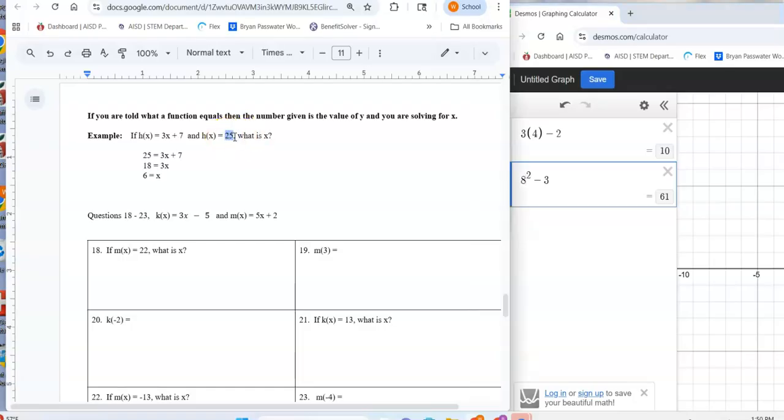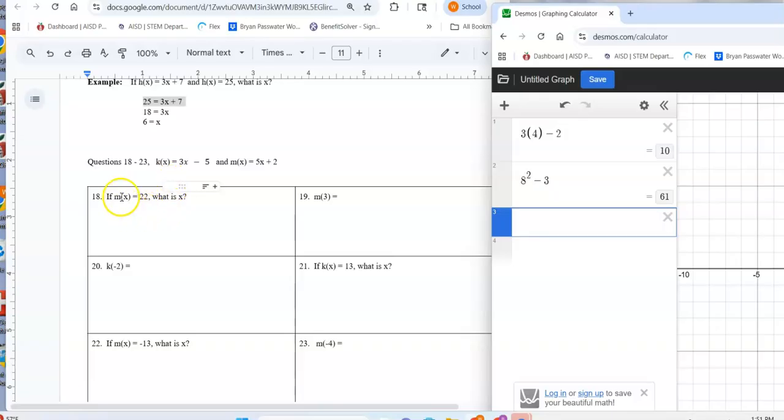That's one way to look at this. Also, thinking back to when I taught you systems and substitution, if h of x is 3x plus 7, and h of x is 25, therefore you can make them equal each other. You make 3x plus 7 equal 25, and you just solve for x. Subtract 7, divide by 3, you get 6. That's kind of how this works.